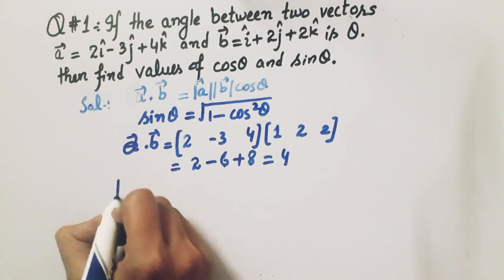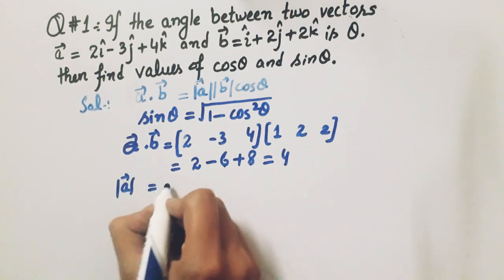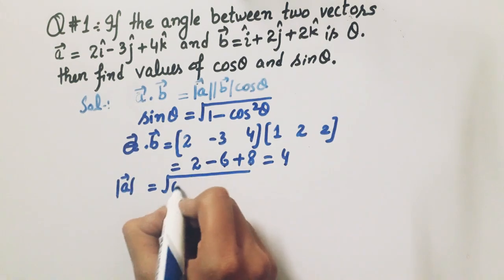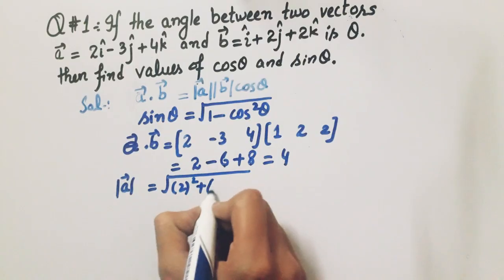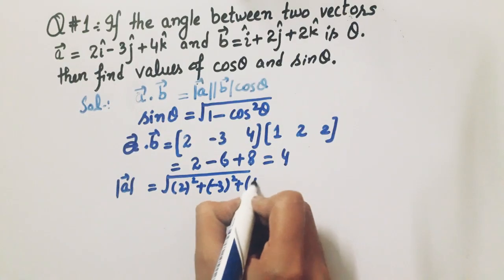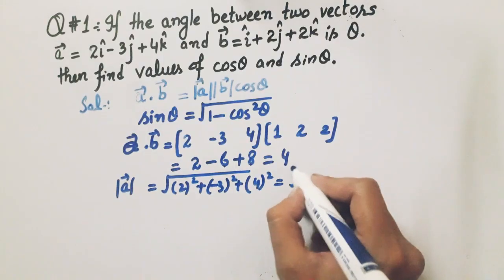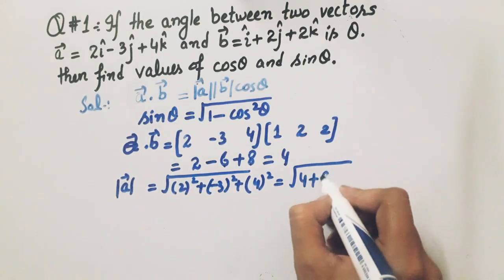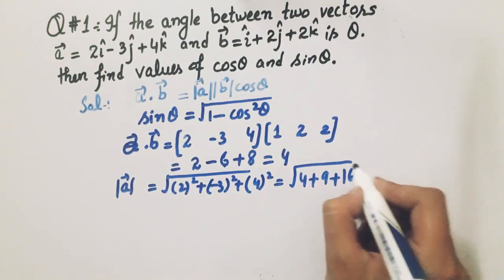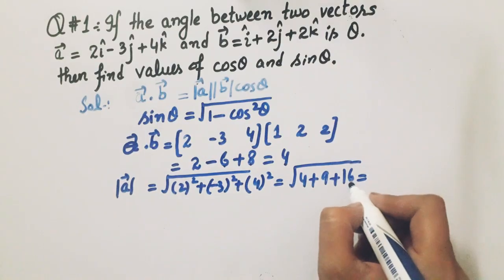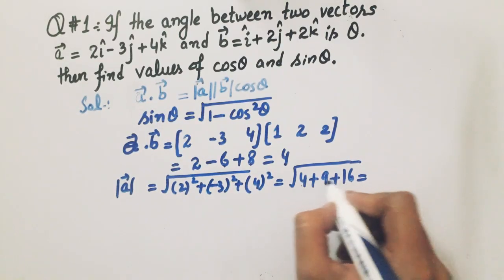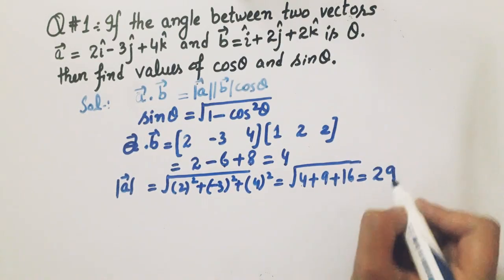Now we will take the magnitude of A, which means square root of 2 square plus minus 3 square plus 4 square. So the magnitude is equal to the square root of 4 plus 9 plus 16, which means 16 plus 4 is 20, 20 plus 9 is 29.